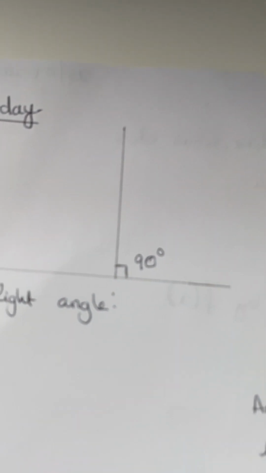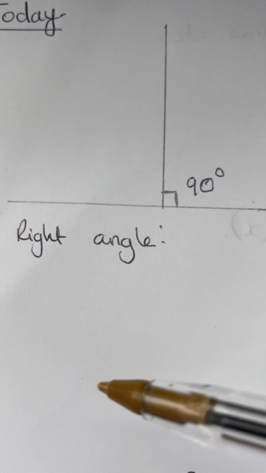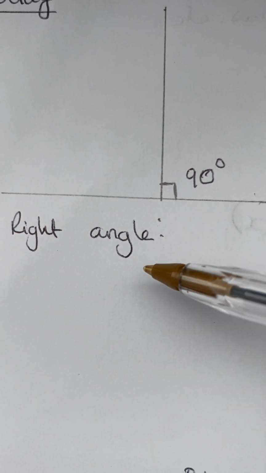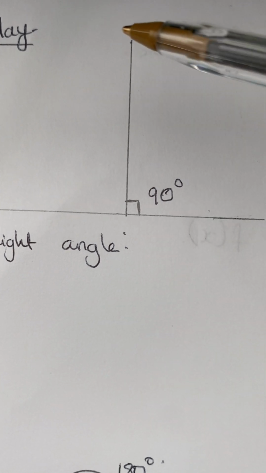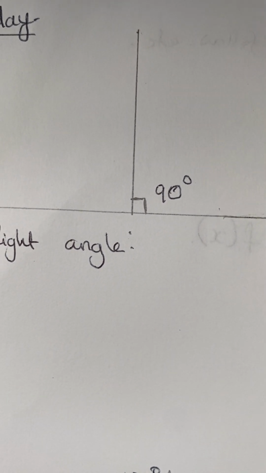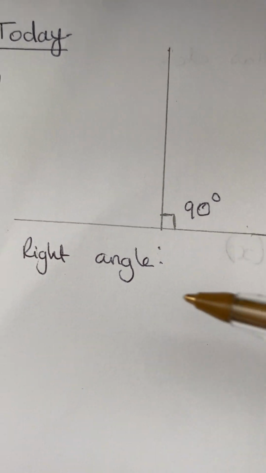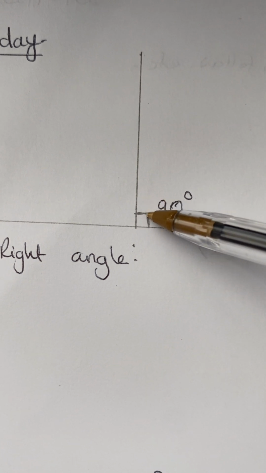Now today we want to look at angles. This is our introduction to angles. So the first one is a right angle. Assuming you have a right angle triangle, you have a line drawn here, so you have 3 angles, but the right angle is 90 degrees.